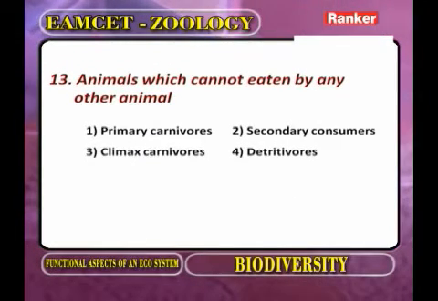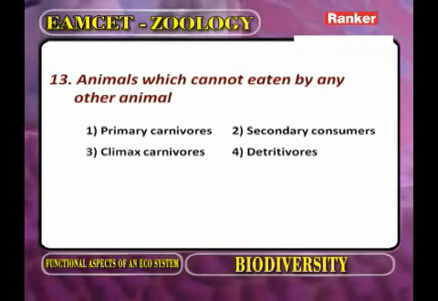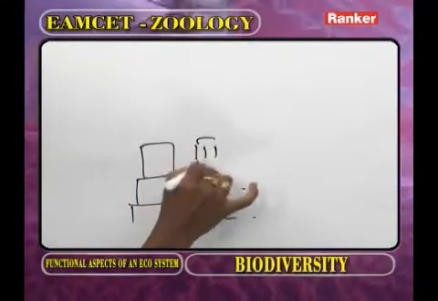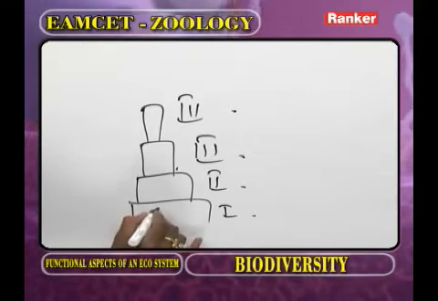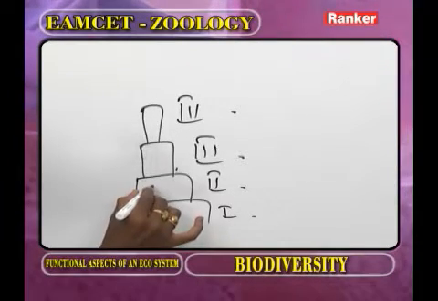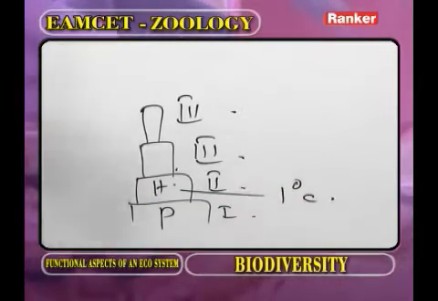Animals which cannot be eaten by any other animal. This is the first trophic level, this is the second, this is the third, and this is the fourth trophic level. The first trophic level is occupied by producers. The second trophic level is occupied by herbivores, also called primary consumers.